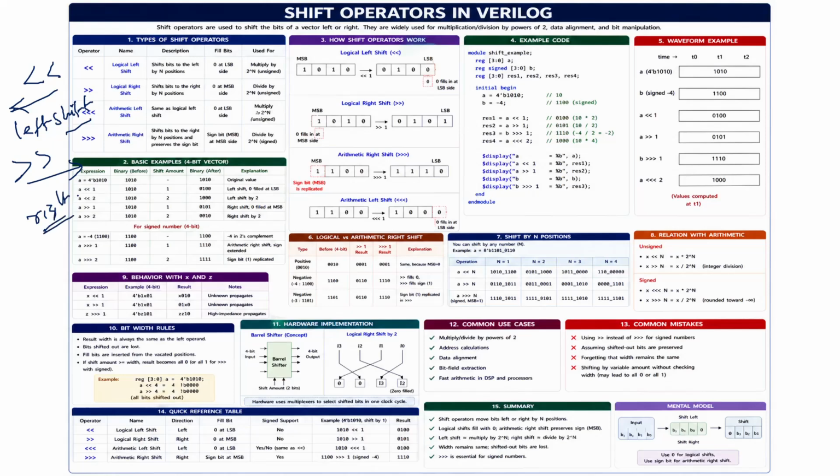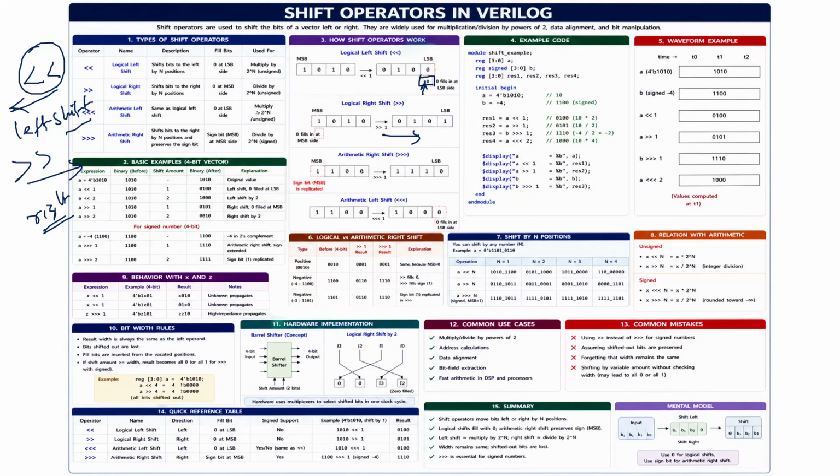Okay, so arithmetic right shift and logical right shift, what is the difference? In the logical shift, the vacant position is filled with 0; with a logical right shift, the MSB bit position is filled with 0, a 0 fill at the MSB side.